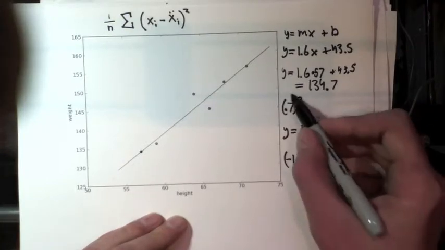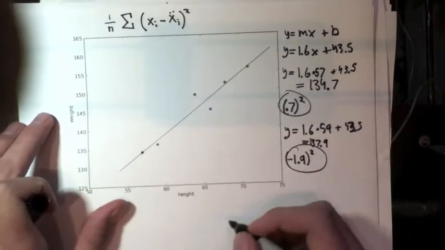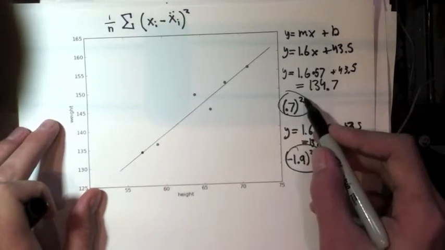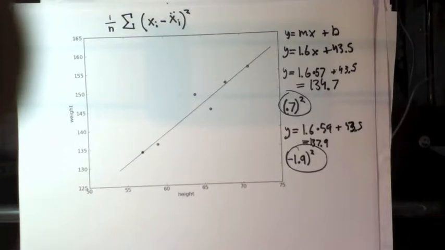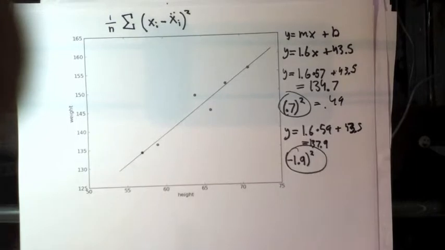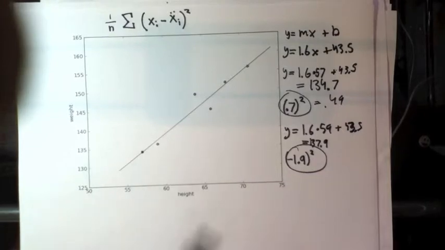So you can see right here and right here, we've got our first two values. So we're going to continue on like that. 0.7 squared ends up being 0.49, and negative 1.9 squared is 3.61.